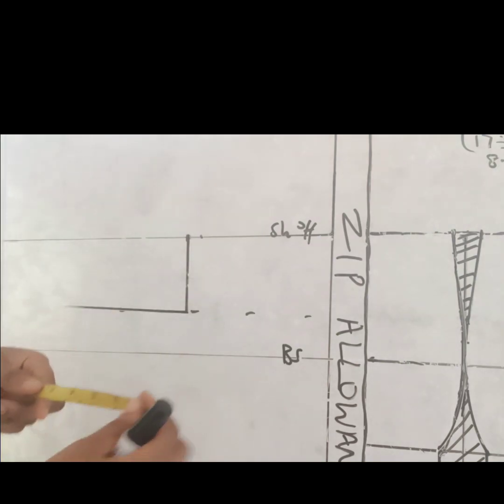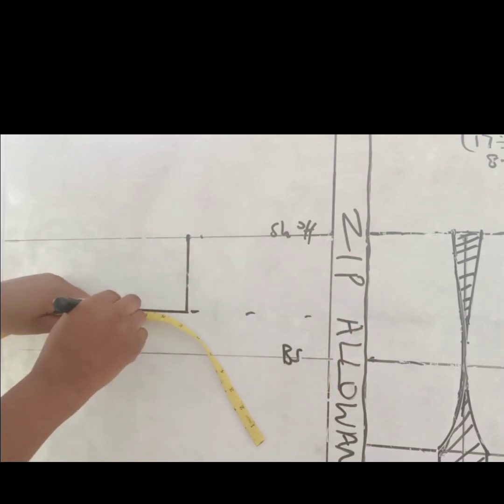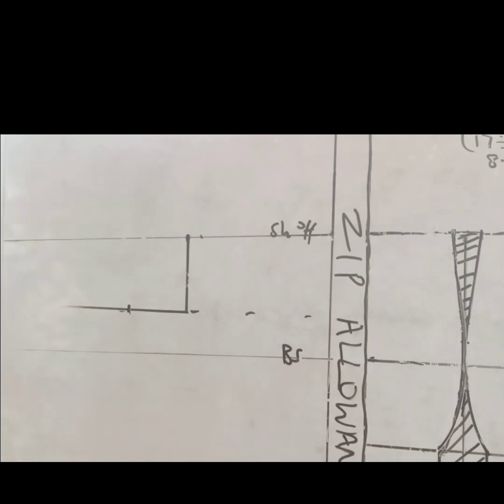So on this same chest line, we'll put our bust divided by 4, which is 10, to know where the armhole curve will stop.